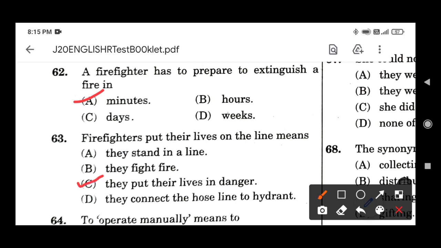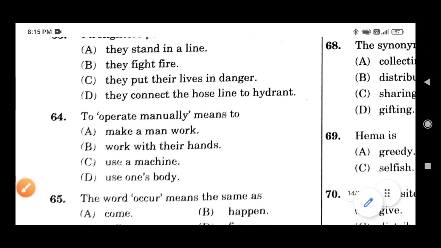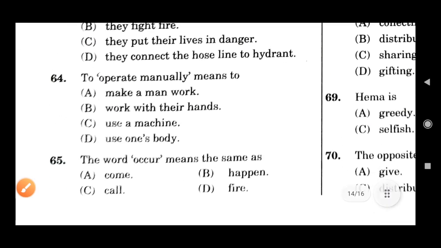So here in such a way we need to answer those questions. And now come to the next question. According to the passage, to operate manually means, we have the four options again.